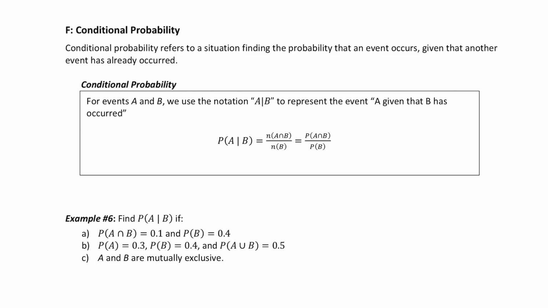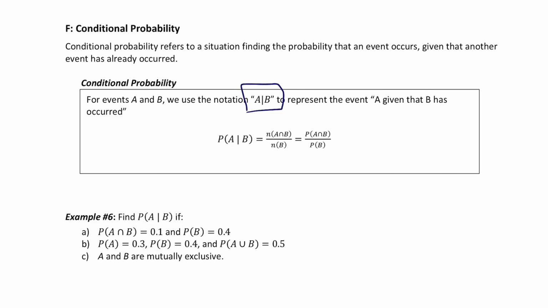So let's now talk about the conditional probability. When we were talking about the dependent events, we already talked about A occurs given that another event already occurred, right? So that part is called the conditional probability. We can identify the conditional probability with the notation A bar B to represent the event A given that B has occurred.